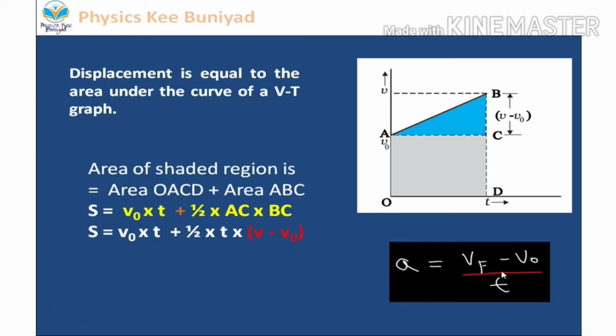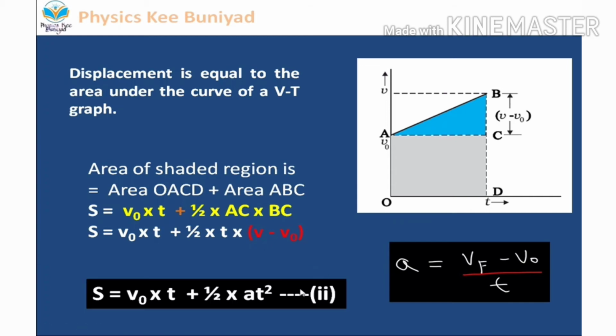Now we know that a equals final velocity minus initial velocity divided by time. From this, the final velocity minus initial velocity equals a into t. If you take t to this side, you get a into t equal to v minus v0. Then we put this in place of v minus v0, and we get s equal to v0 into t plus half into a t.